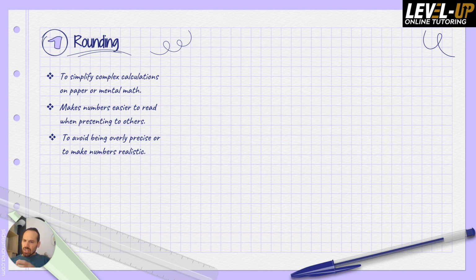If we're using those numbers in further calculations, there's no need to make things more complicated for ourselves, having say 10 decimal places when maybe we only need 2 decimal places. And we'll look into what exactly that is in a second.